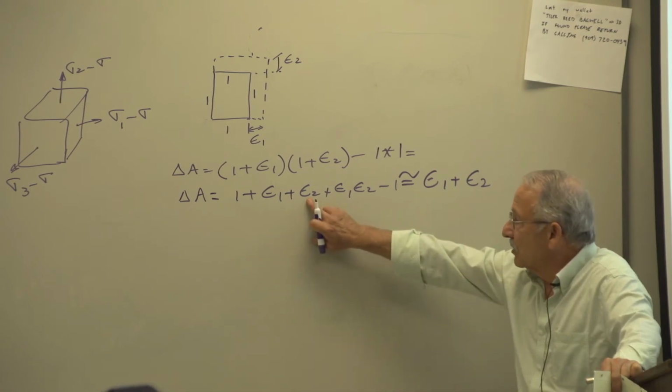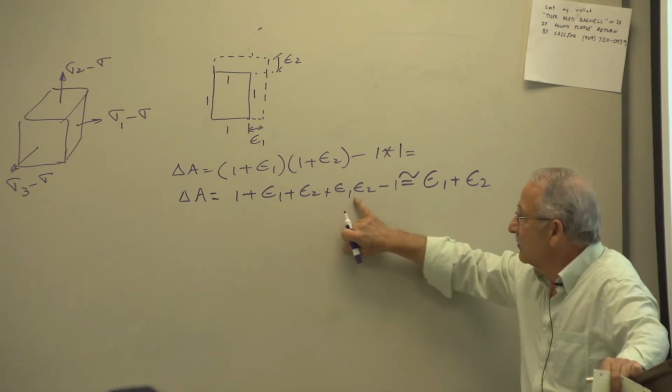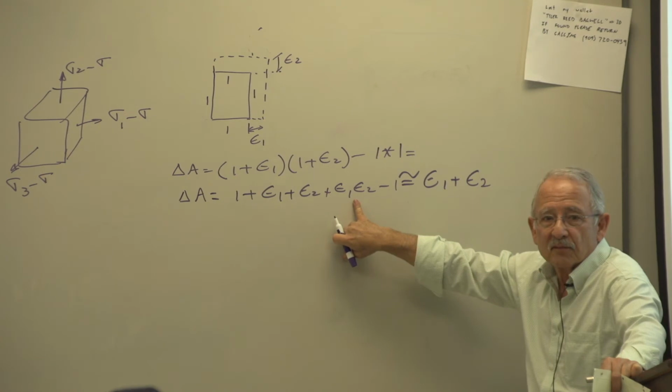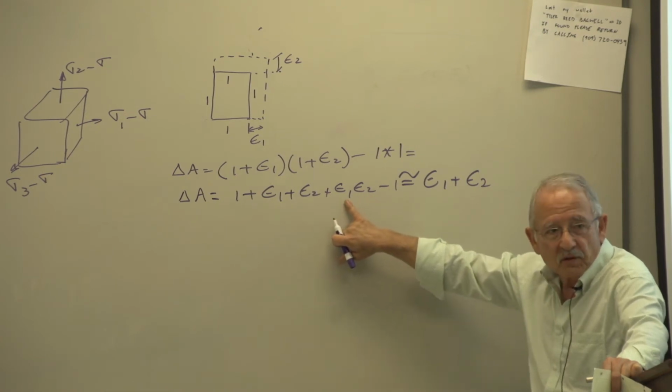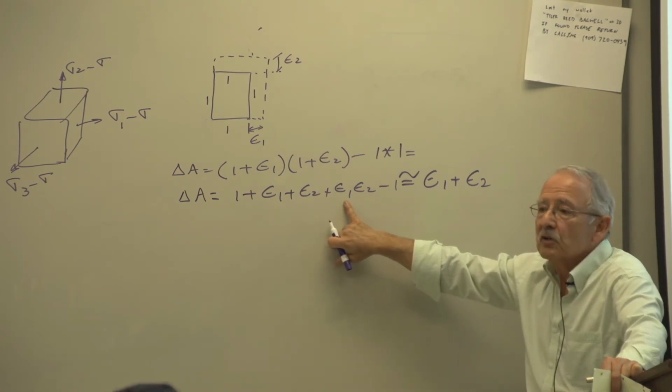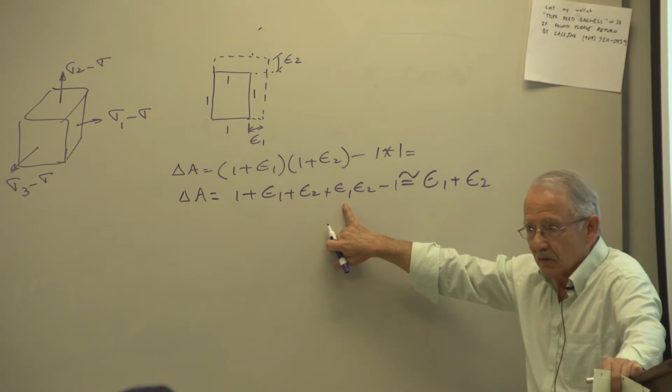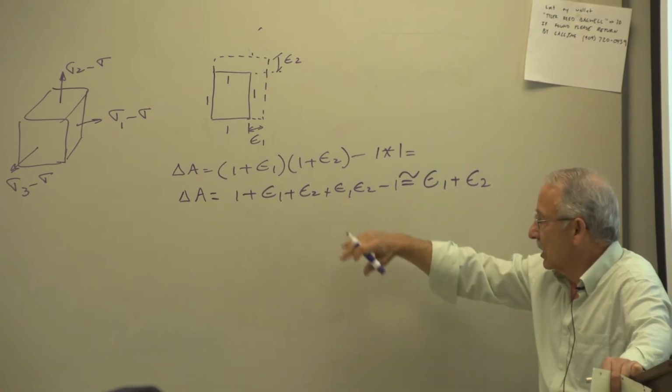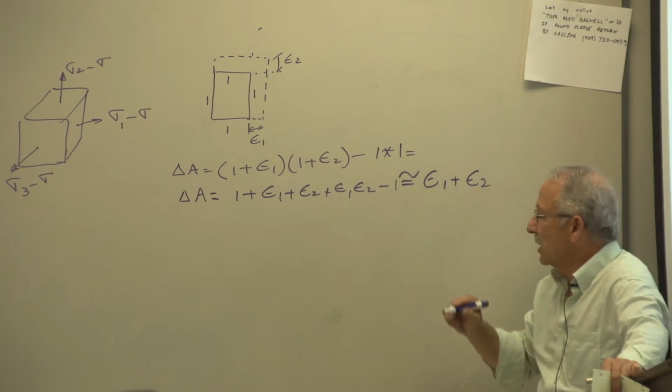Because if this is 100, that's 100, that's 10,000. All I'm saying is that 1 over 100 is much, much larger than 1 over 10,000. Okay? So this is negligible with respect to that. So this is all we get.